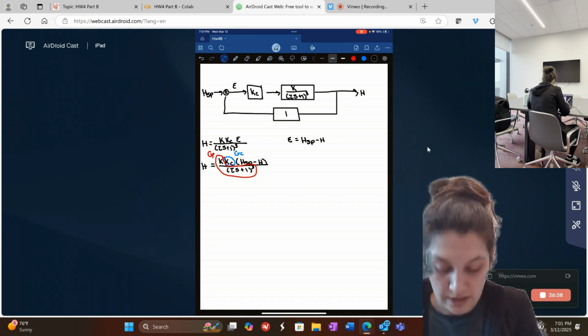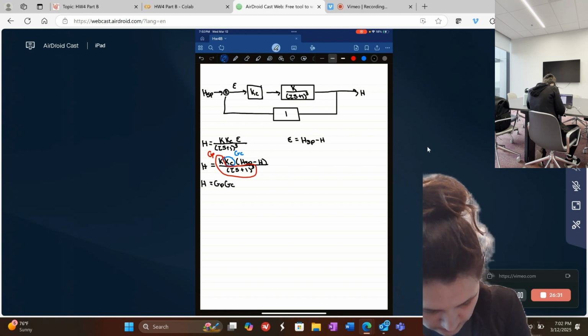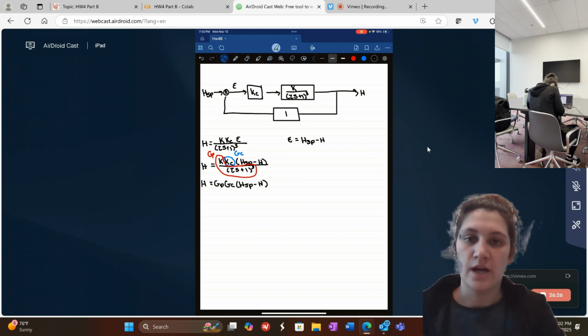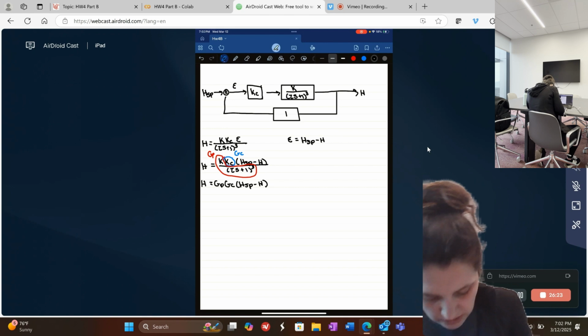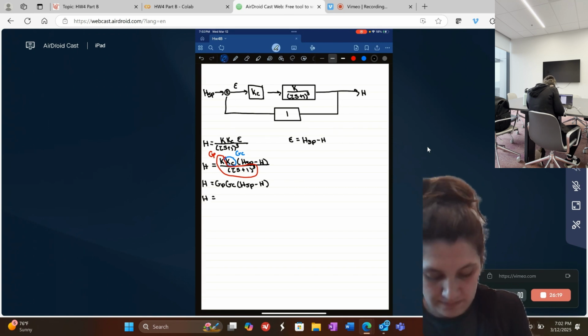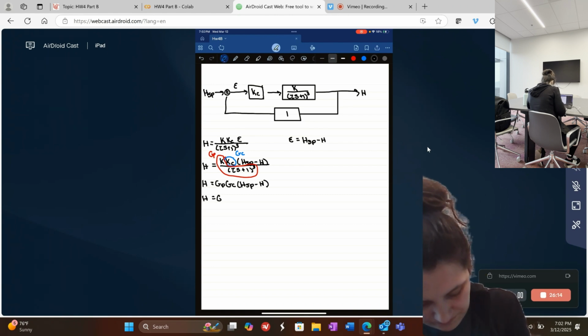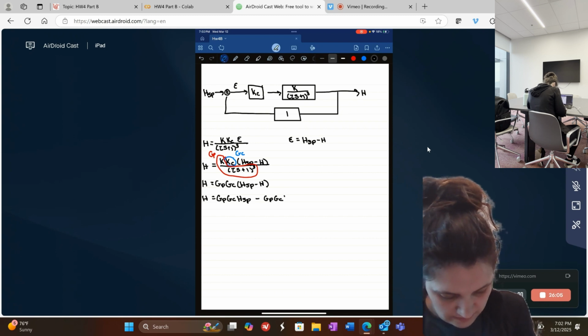Now I'm going to rewrite our equation with those new variables. We're going to have H is equal to Gp times Gc times (HSP minus H). Now we want to isolate H on the left-hand side of the equation. So we're going to take our Gp, Gc, and multiply that through. So Gp, Gc times our set point minus Gp, Gc times our height.